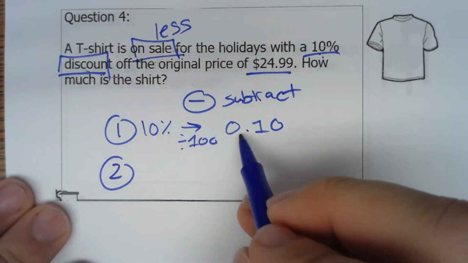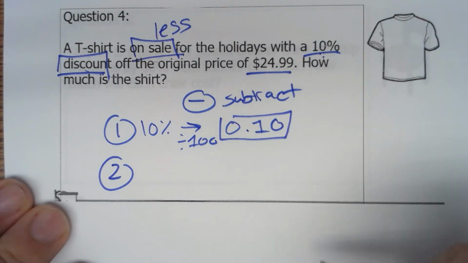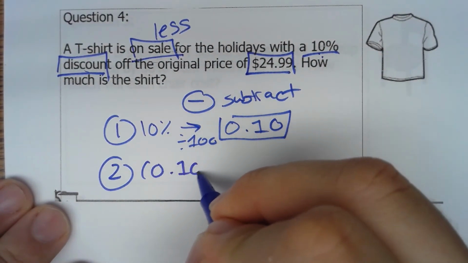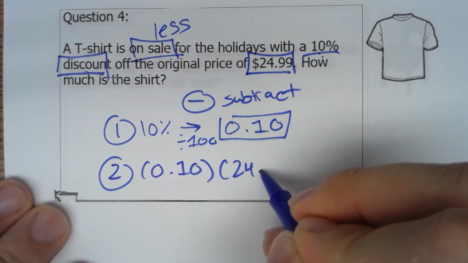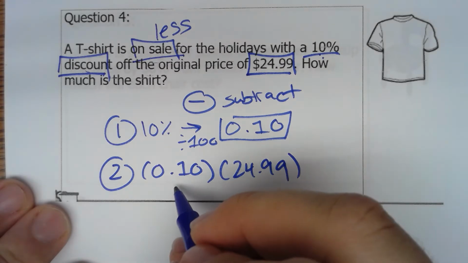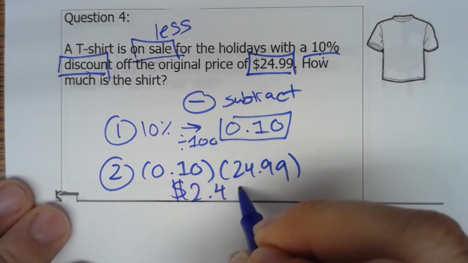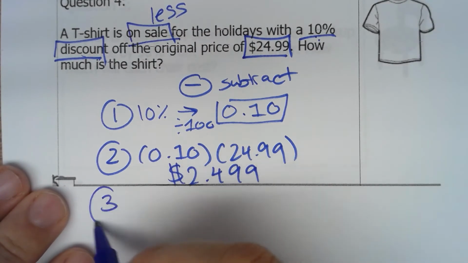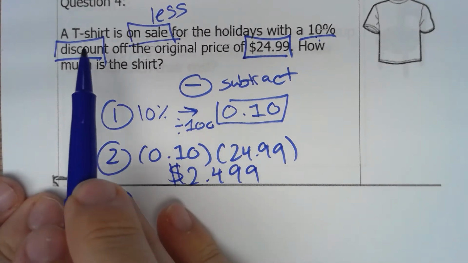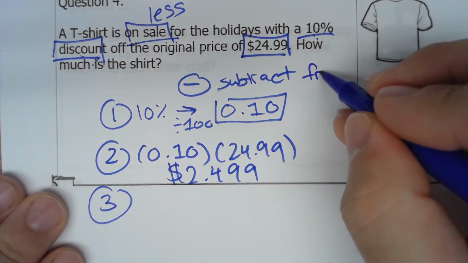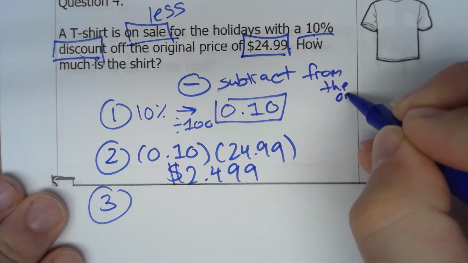Step 2, I multiply this decimal by the original price. So 0.10 times $24.99 is 2.499. Okay? Step 3, ding, ding, ding, I'm doing discount, so I need to subtract from the original price.